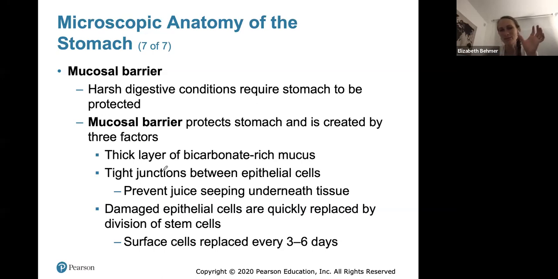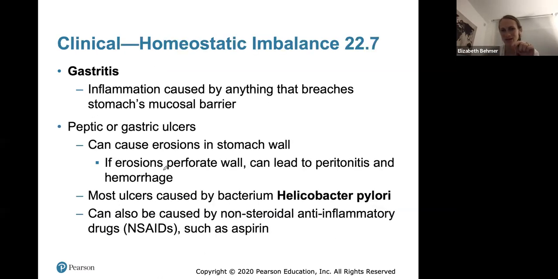So basically, this mucosal barrier just protects the stomach wall itself from the acidity of the juices. So that's all that this extra mucosal barrier does. If you have gastritis, which is inflammation of the stomach, it's anything that can get through that stomach's mucosal barrier.